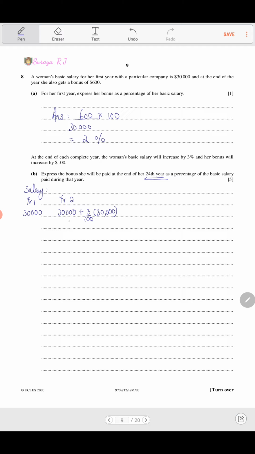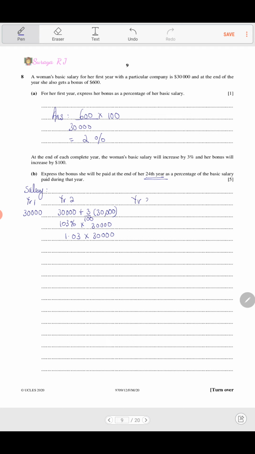So instead of doing all these calculations, this represents 100% and this represents 3%. So in all, it is 103% of the basic salary in year 1. So this is 1.03 times 30,000.